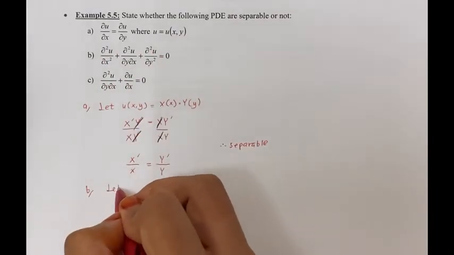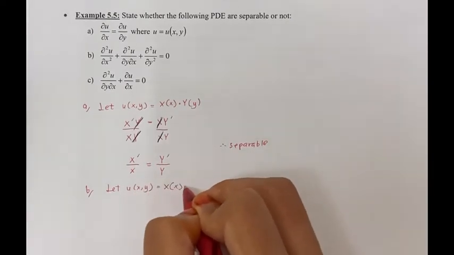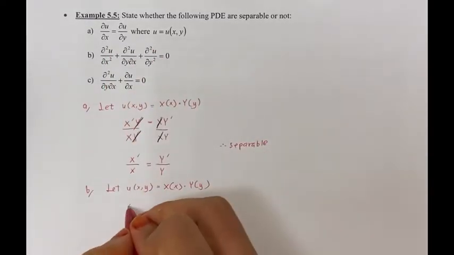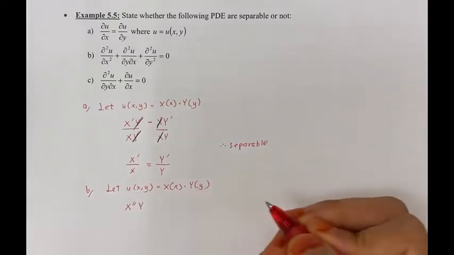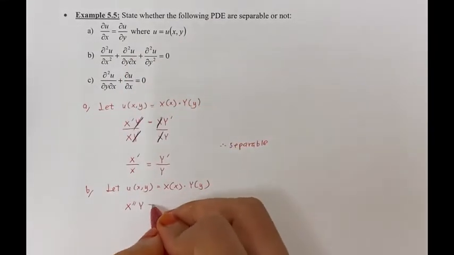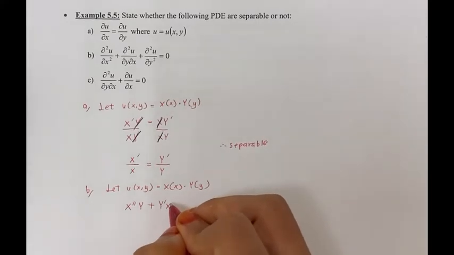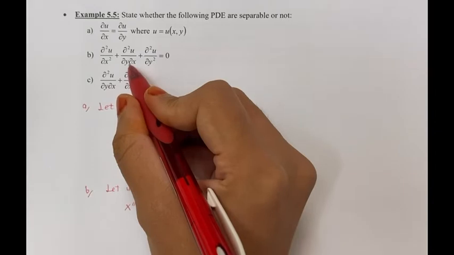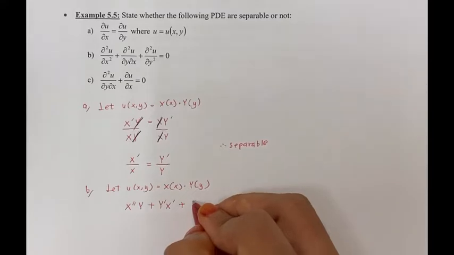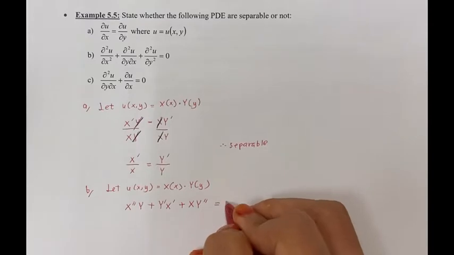Again, you let u(x,y) be written as X Y. So del square u over del x square is equal to X double prime Y, plus del square u over del y del x, this is X prime Y prime, plus del square u over del y square, this is X Y double prime, equal to 0.